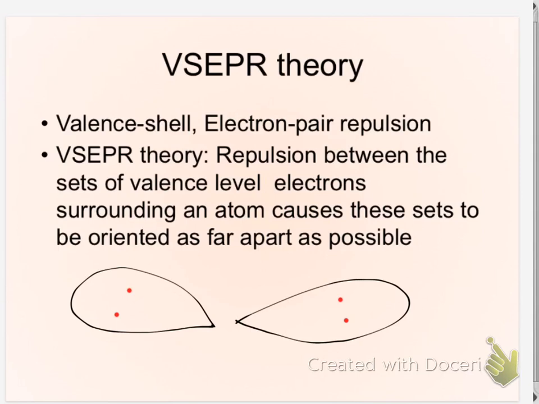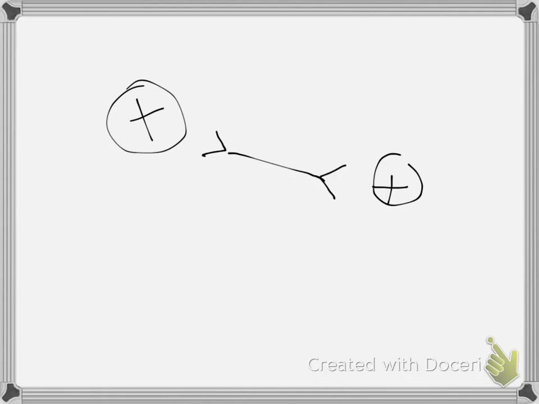Now, similarly, if I have a little hydrogen nucleus here, and I have a little hydrogen nucleus here, that wants to be as far apart from another hydrogen nucleus as possible because there is a powerful force of repulsion between them. Repulsion.